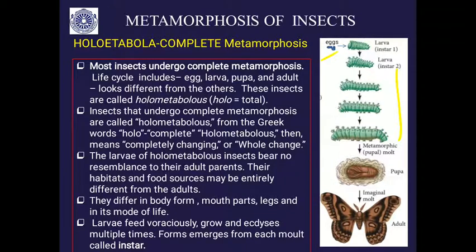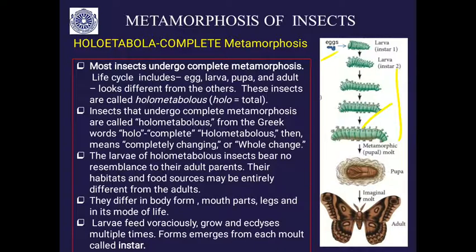You will find the larva has cutting and chewing mouth parts, what you see in the case of caterpillar. When it metamorphoses into adult butterfly, it is a siphoning type. It sucks the nectar. So that is entirely different, you will find. So they differ in their body form, they differ in their mouth parts, legs and the mode of life entirely different.